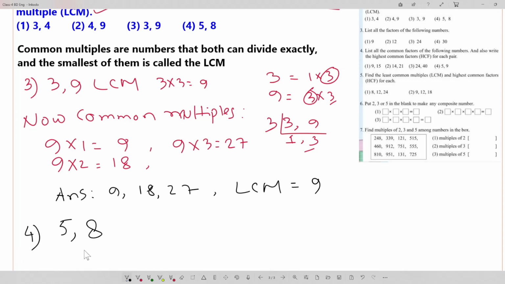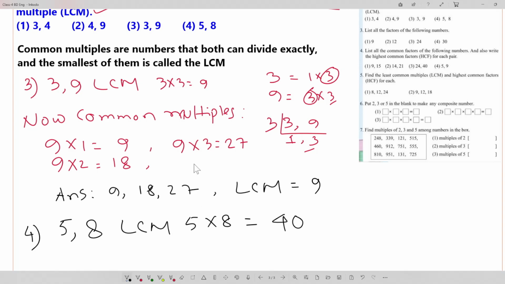So number 4, 5 and 8. Look, 5 and 8 are co-prime numbers, because there is no common factor. So the LCM equals 5 times 8 equals 40.